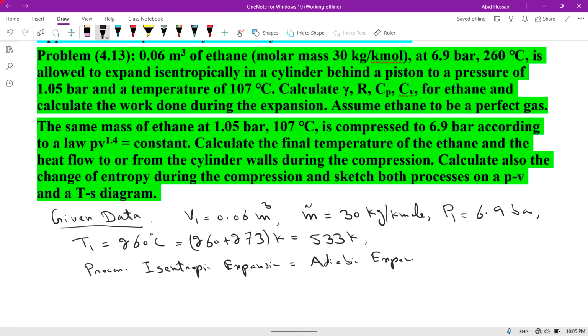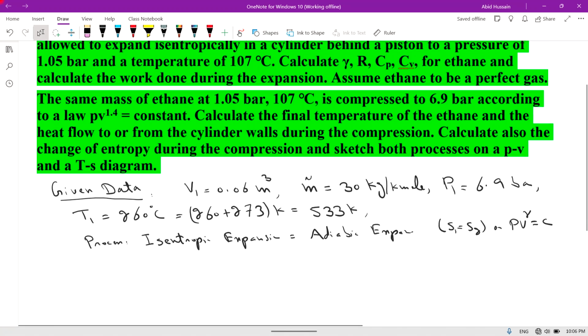We can write this as S1 is equal to S2, or PV gamma is equal to C. This is an isentropic or adiabatic process, behind a piston. After expansion, pressure decreases.